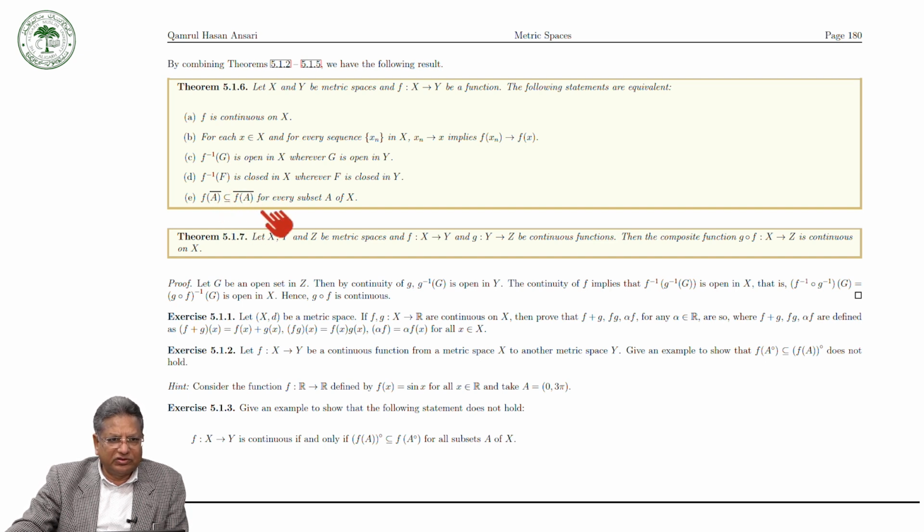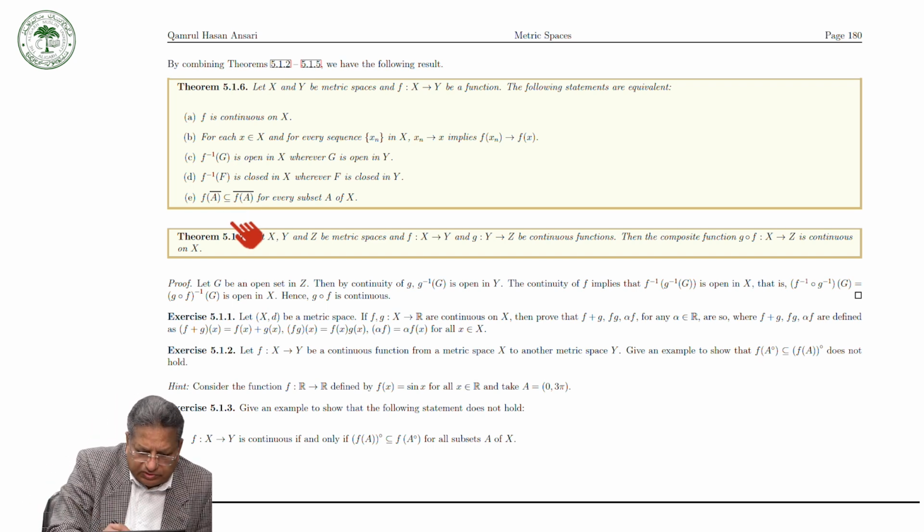I am putting it this way. So here the interior of f of A is a subset of f of the interior of A for all subsets A of X.